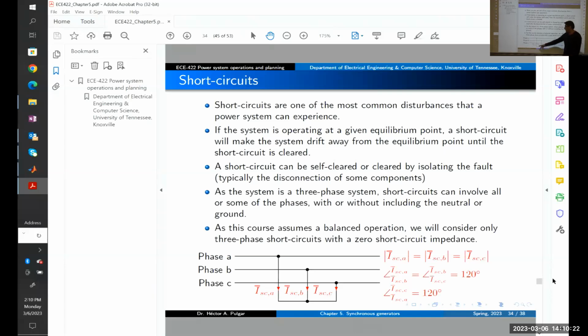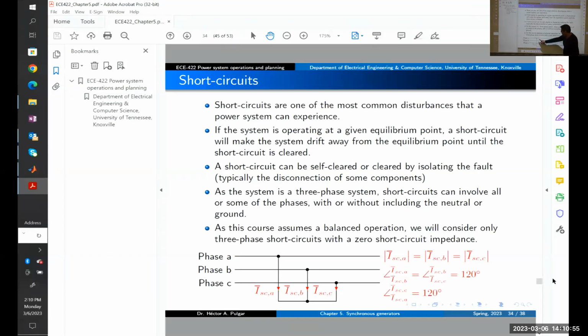A three-phase short circuit, like what I have here in the diagram, is going to affect all the phases equally. So if we have a three-phase short circuit here, the currents at the fault in phases A, B, and C are going to be balanced. What does that mean? They have the same magnitude, and the angles between the three phases are shifted 120 degrees. That's a balanced short circuit. And we're going to consider just that case.